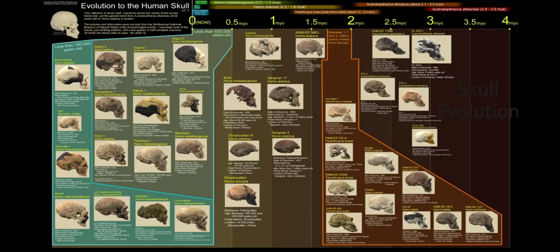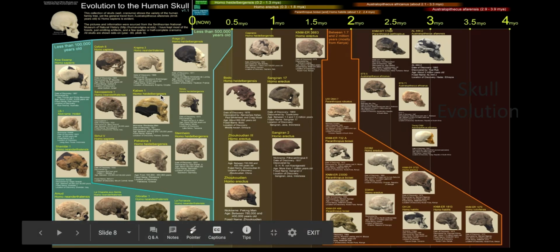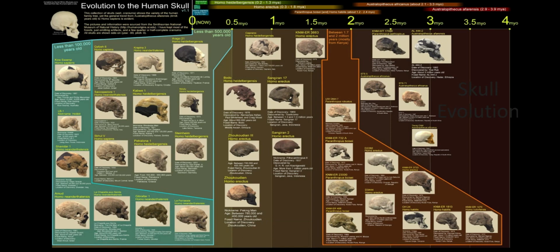Now, as we're talking about evolution of our species and how we have come to be, one of my favorite pictures that I've found comes from the evolution of the human skull. I love this. Humanorigins.edu, I believe, from the Smithsonian Institution. Where can we find humans on here?